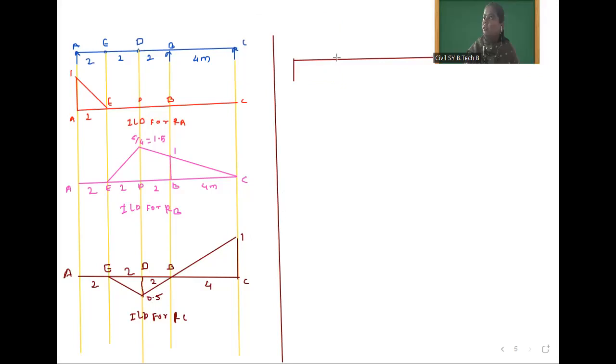Suppose this is up to this point, B point is there, and here P point. Now we will mark Z point in between B to C. So here E support is provided, hinge support here D, 2 meter, 2 meter, 2 meter. This is B.